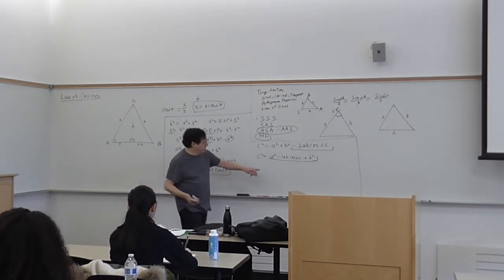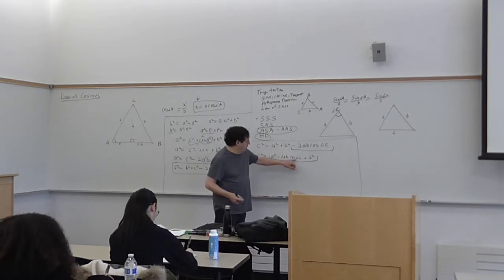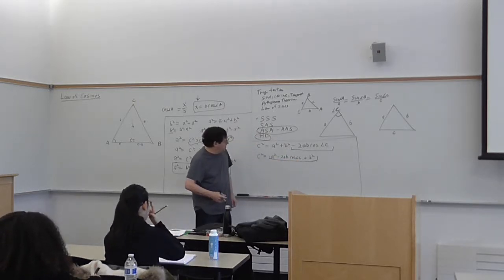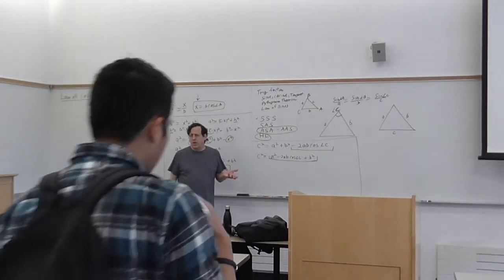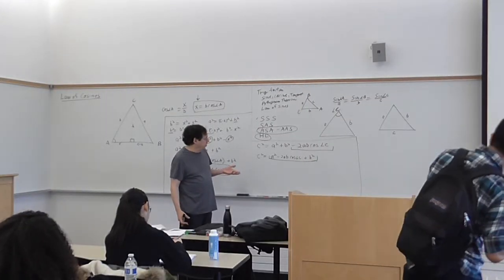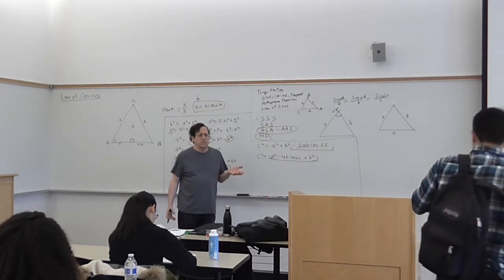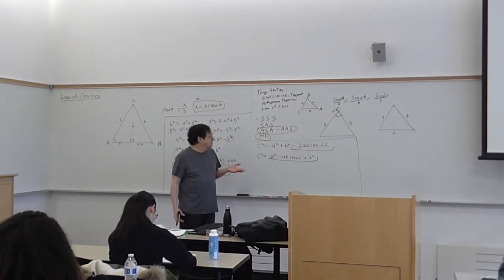It just has this annoying cosine angle c here. If we think for a minute, where is cosine of angle c equal to just plain 1? Where's the cosine 1?